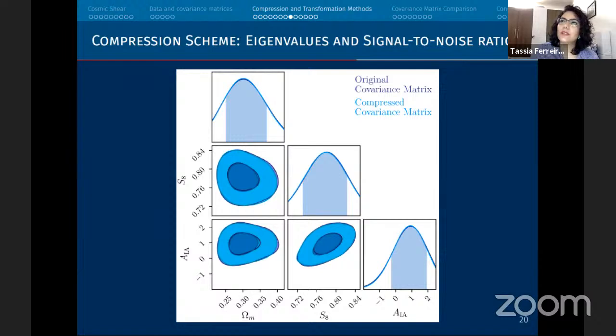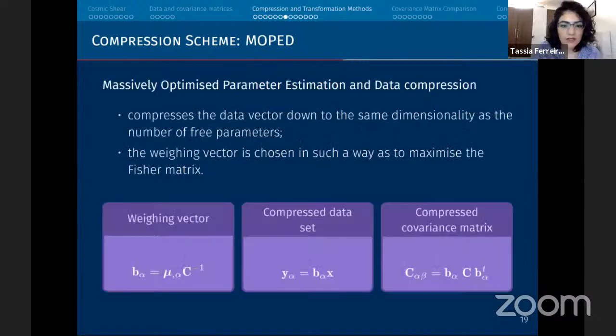I don't know if this has been tested for non-Gaussian likelihoods. I'm not sure, because we usually use Gaussian likelihoods. To obtain the Fisher information matrix, we need the likelihood function, and of course we assume Gaussianity for all of this.